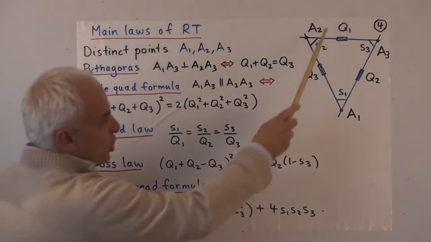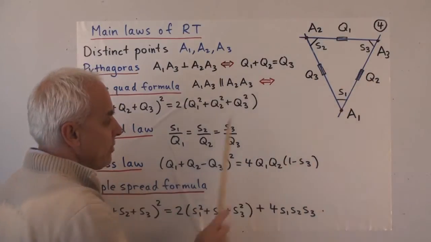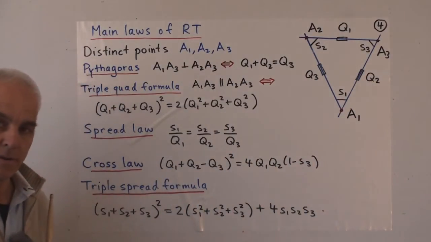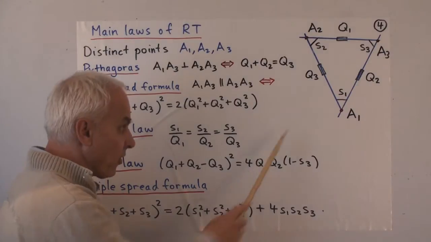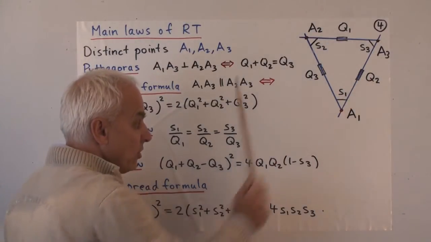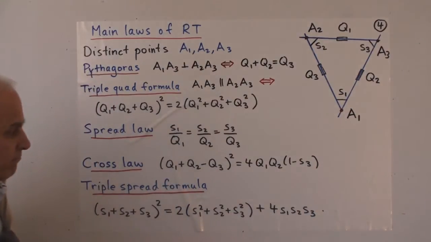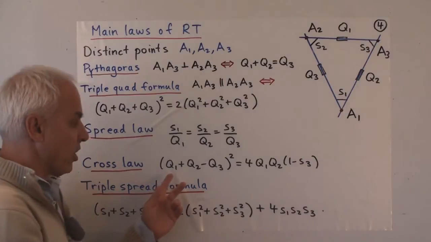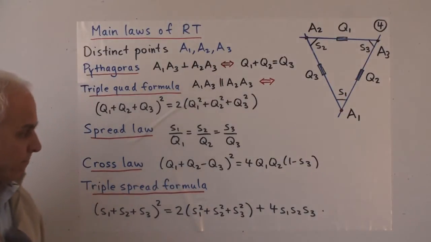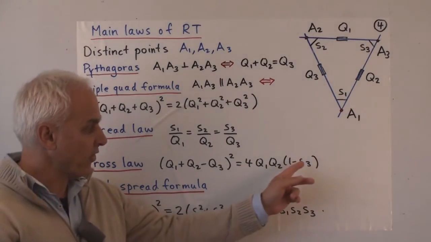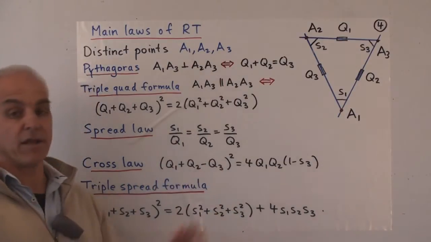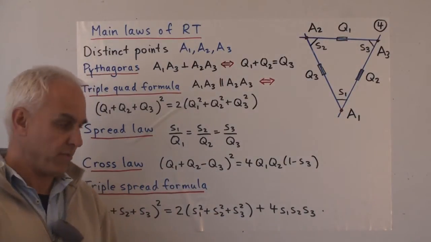It says Q1 plus Q2 minus Q3 all squared equals 4 times Q1 times Q2 times 1 minus S3. So for example, it allows us to find the spread S3 if we know the 3 quadrances. Or if we know 2 of the quadrances and S3, then we have a quadratic equation for the 3rd quadrance.